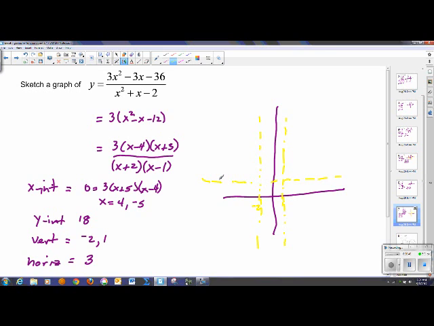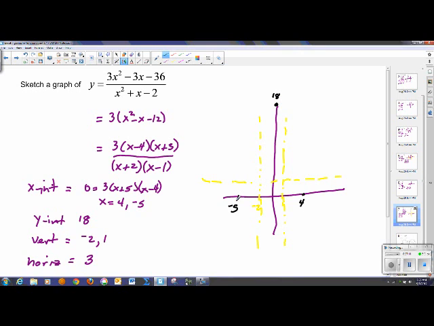Something of that nature. Next, I'm going to start plotting intercepts. I have one at 4. I have one at negative 3. And I have another one way up here at 18.